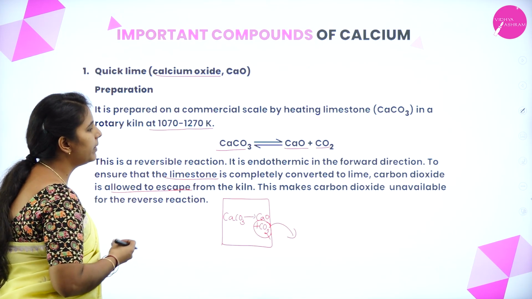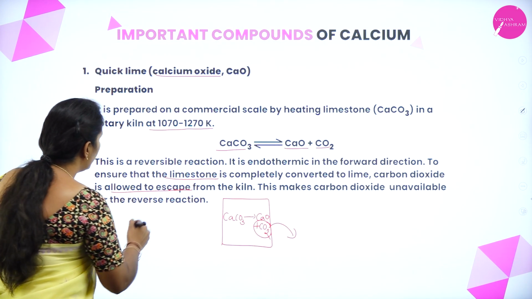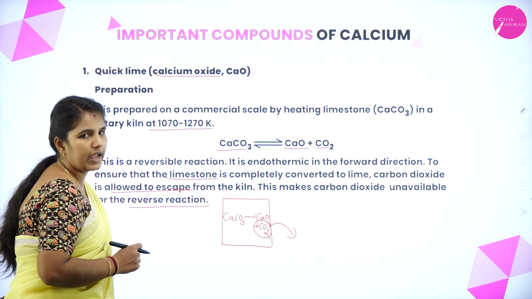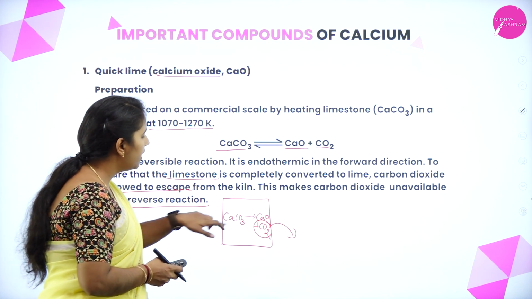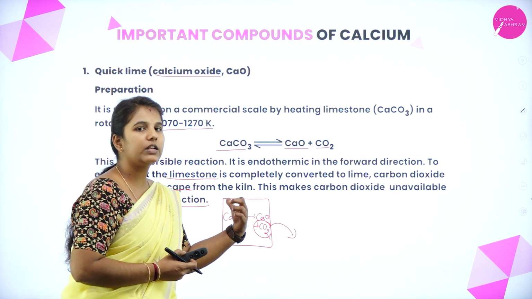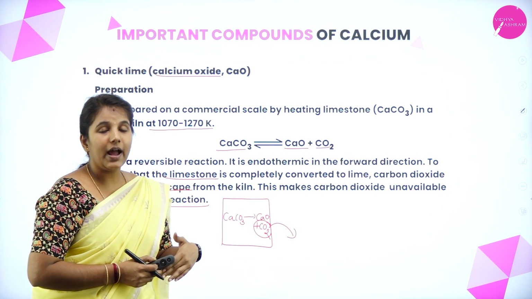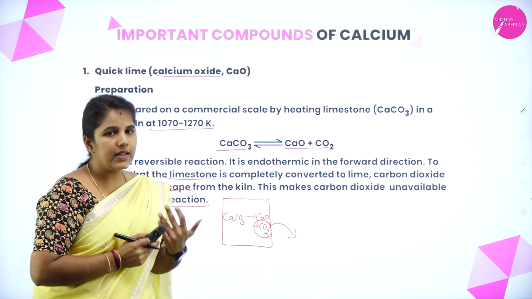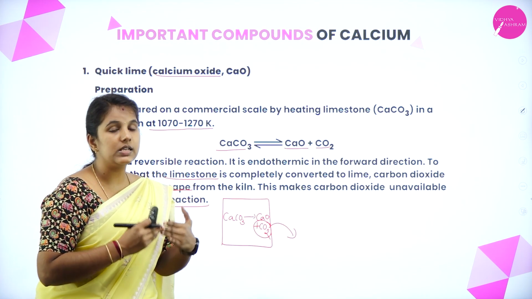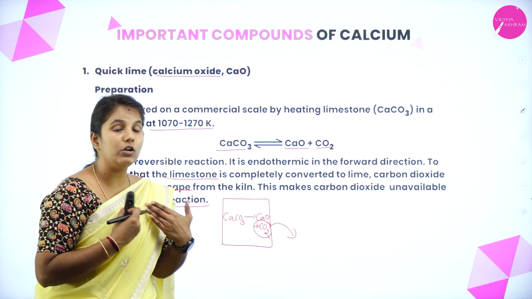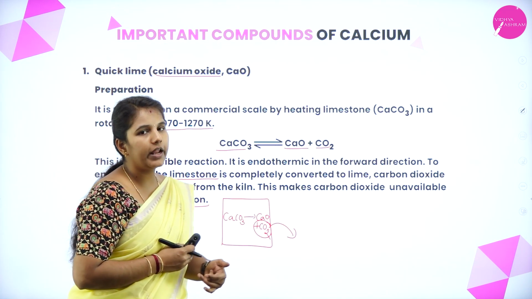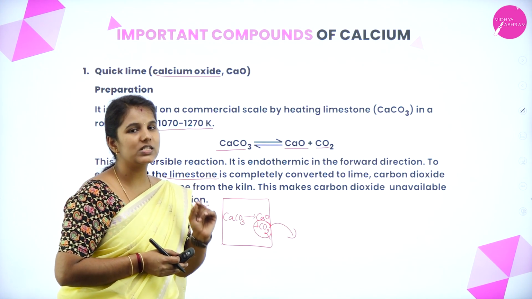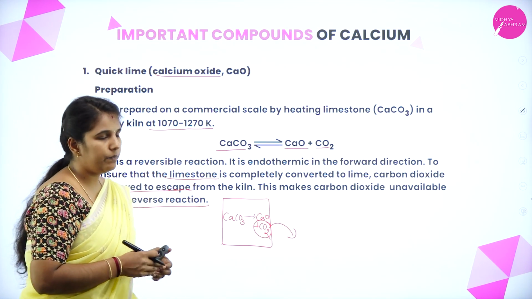This makes the carbon dioxide unavailable for the reverse reaction. Suppose if you do this reaction in a closed container, the carbon dioxide itself can react with the limestone and form a different product. That is why during that process they allow the carbon dioxide to escape from the reaction, to obtain calcium oxide, which is nothing but quicklime.